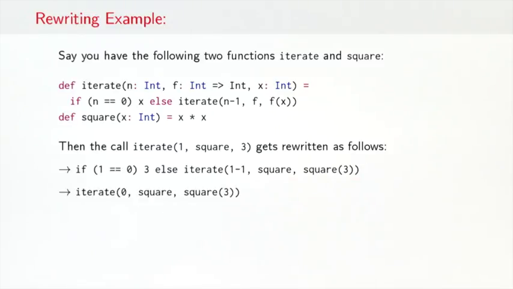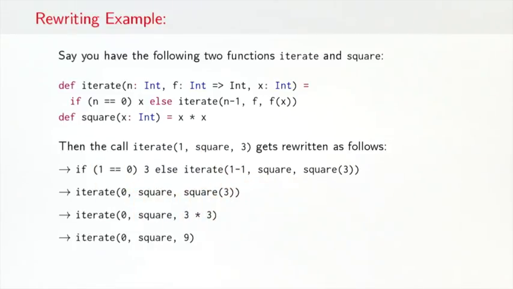The next thing that happens is that you do two auxiliary reductions. The first one would simplify the arithmetic expression 1 equals 0 to false, and then this next reduction would immediately simplify the if then else by saying, well, if false, something else, it takes the else part. So that's the part that you see here. In the next step, then, we would have to rewrite the call square of 3 of the iterate application. So that would give you, obviously, 3 times 3 by simply expanding the right-hand side of square.